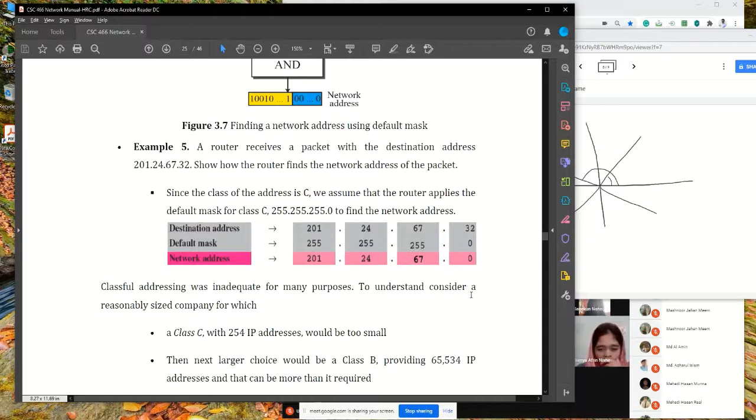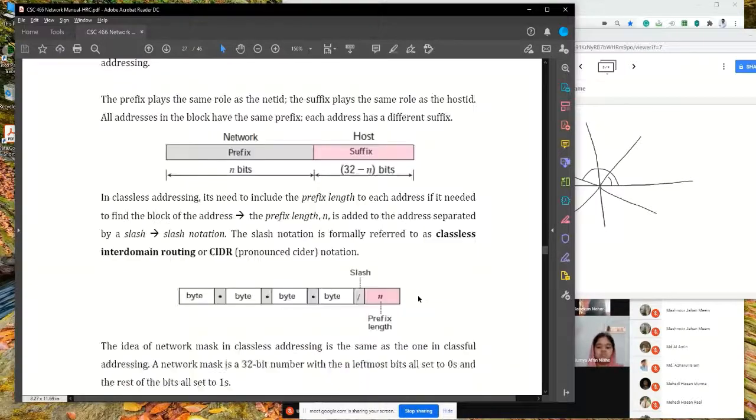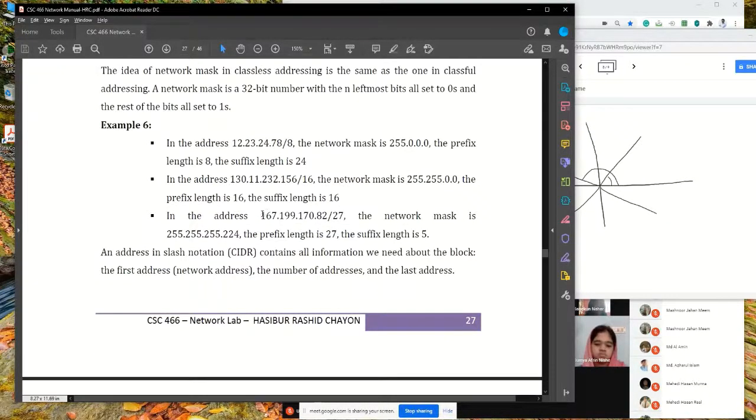Again, I'm telling you that it is very easy. Without calculating, we can easily identify that this is a class C address and the first 3 bytes will be the network address. Yes, but this is just an example. Whenever we have a subnet mask, it will not be that easy. Let's say, for example, I show you a /27 address.